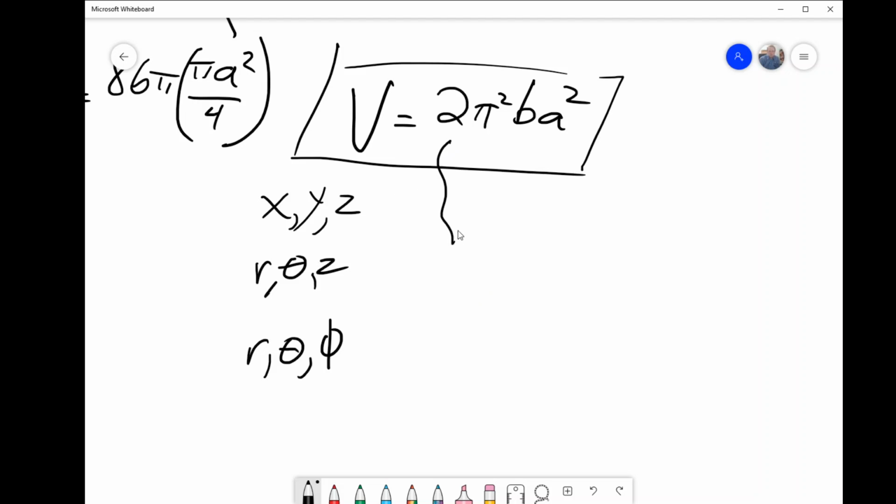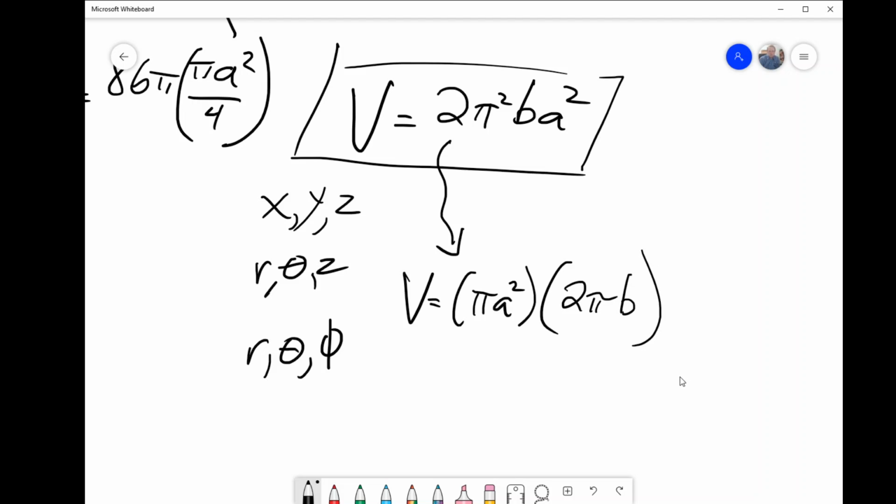But you might notice that this simplified expression is equal to the cross-sectional area of our torus times the length of the circumference of the ring in the center of the torus. That is no coincidence. So that is another approach to eventually getting the volume of a torus, but this is the approach our current tool set supports.